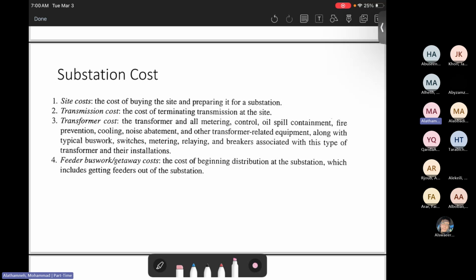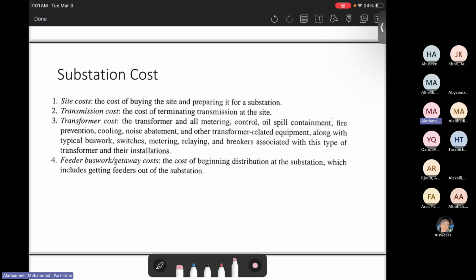When the land prices are very high, we need to keep in mind a more reliable design and reduce the size as much as possible, to reduce the cost. In addition, we need to make sure the power lines are underground cables. For example, in Abdoun substation, the power lines are underground cables. In the city center, the power lines are underground cables. In the University of Jordan substation, it's also underground cables.